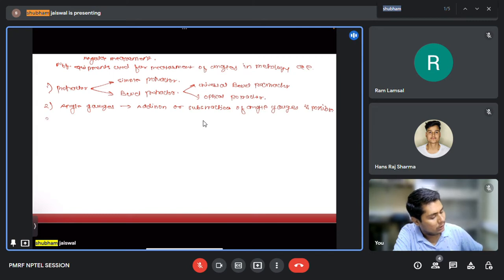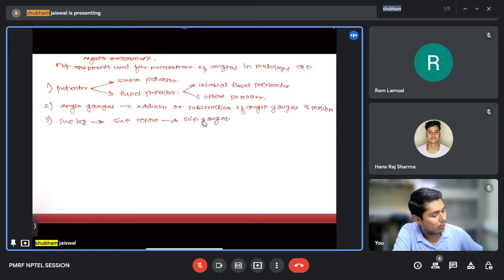The third one is the sine bar. We have seen sine bar and sine center. To use the sine bar for angle measurement, we also need slip gauges.